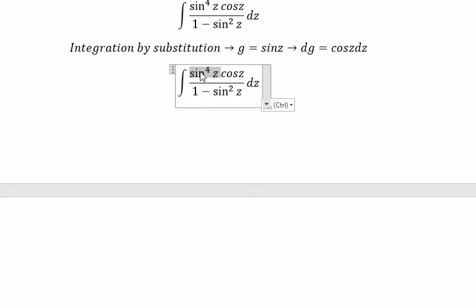So this one we change for g to the power of 4. This one we change for g square. Cosine z dz we change for dg.